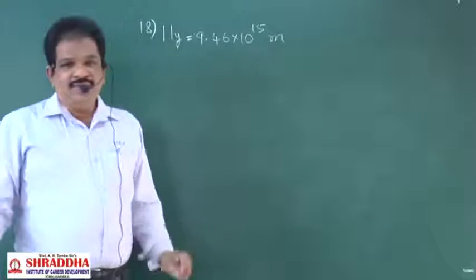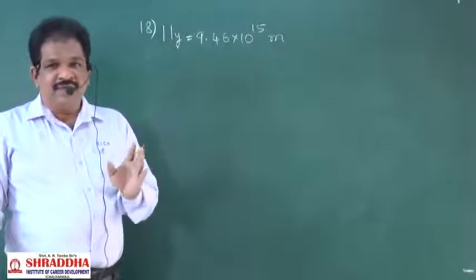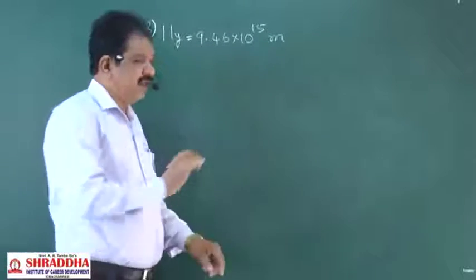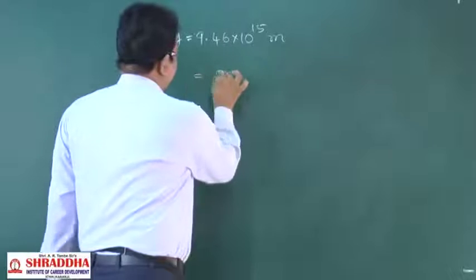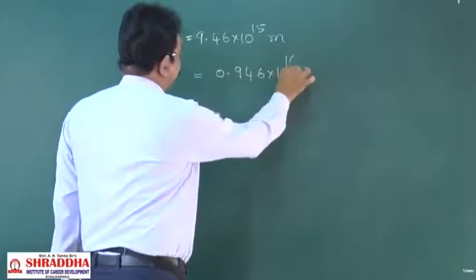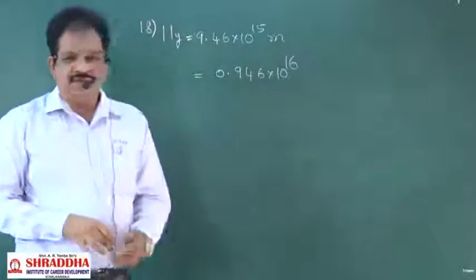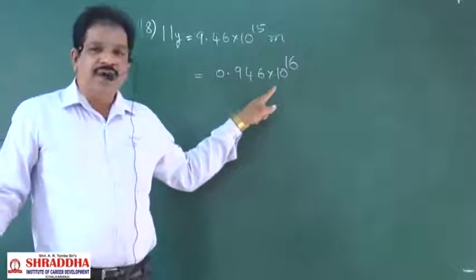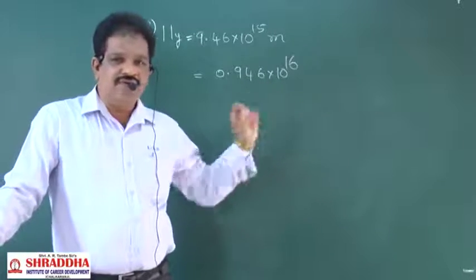What we have to do, express that number in between 0.5 to 5. That's why I am writing this one 0.946 into 10 power 16. So this number will be in between 0.5 and 5.